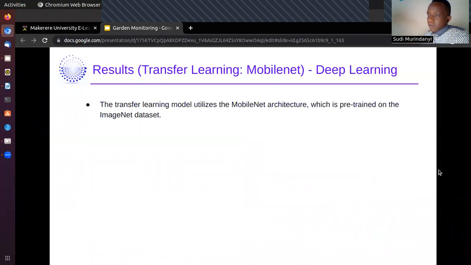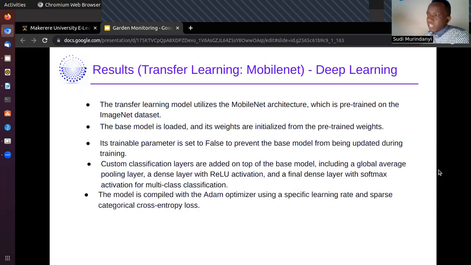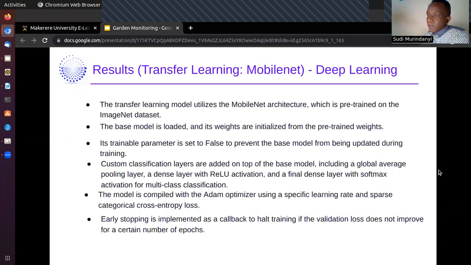So another one was a transfer learning model. I trained that using MobileNet as a base model, loading its weights and using that as a backbone. So for this one, why MobileNet? MobileNet because it's lighter and it can be imported into mobile phones, and then farmers can use it to classify in their garden.